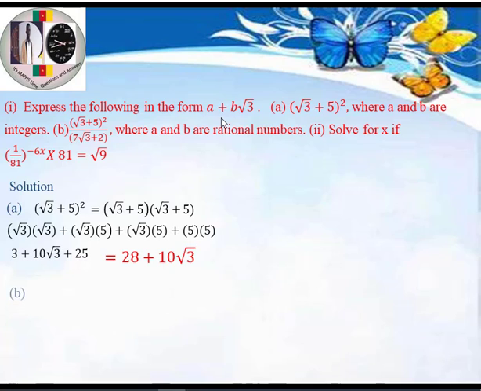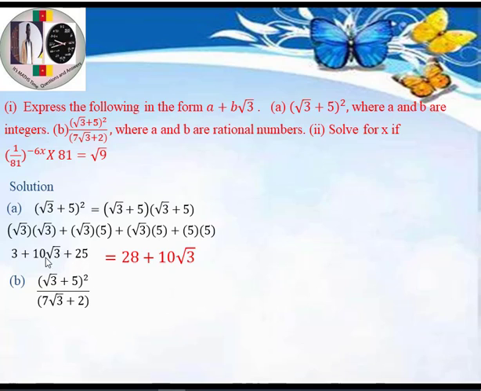For the second case, we are going to evaluate root 3 plus 5 all squared divided by 7 root 3 plus 2. We can already notice that root 3 plus 5 all squared is what we have evaluated for a, so we don't need to evaluate it again. We can just take the result of a and input it there.